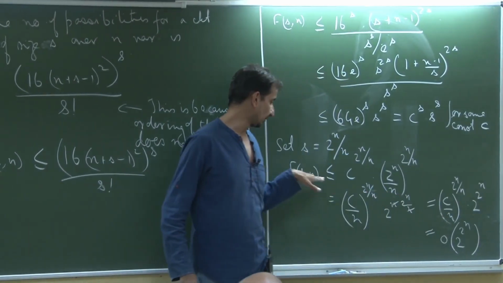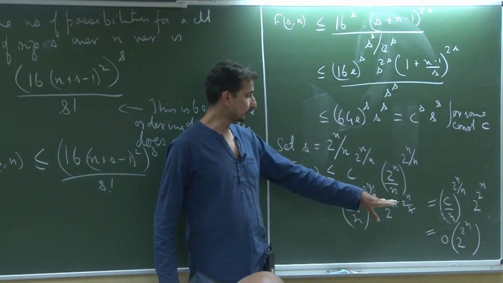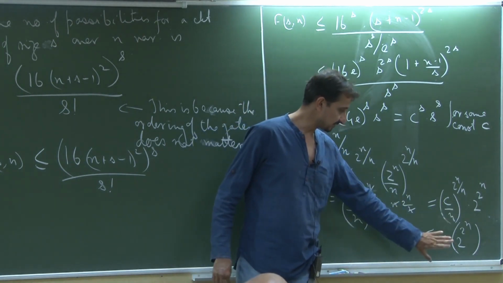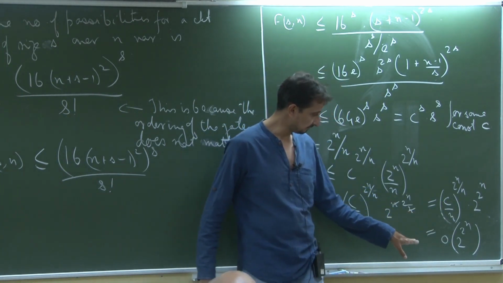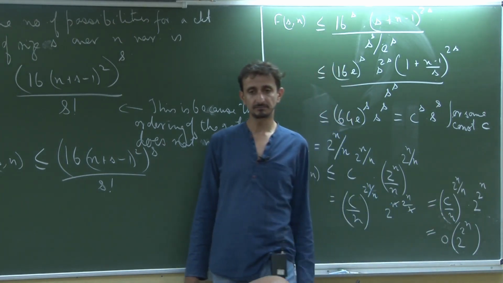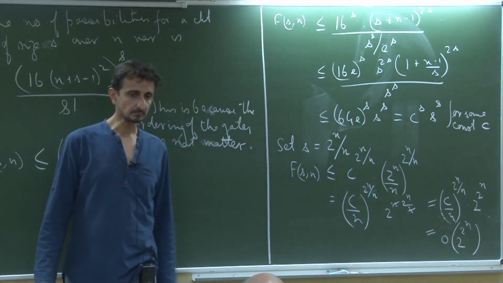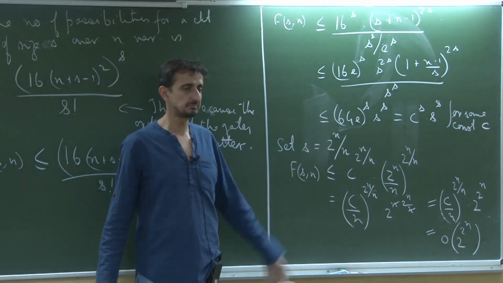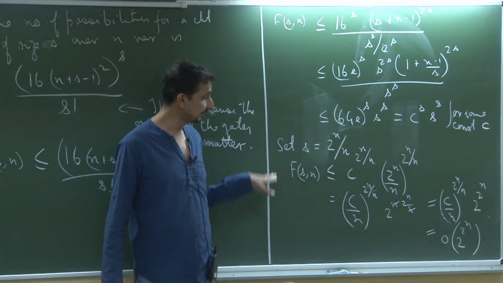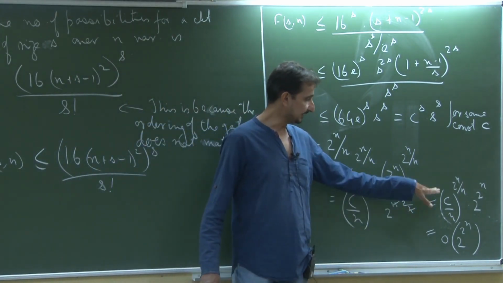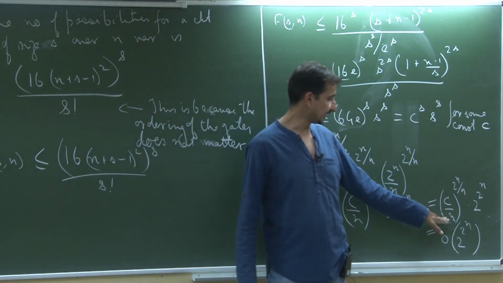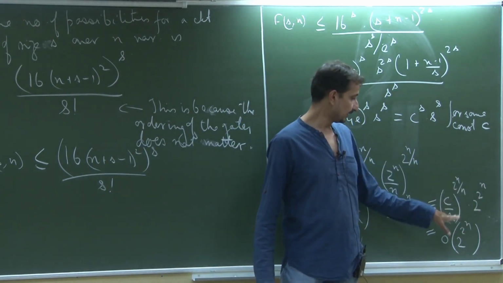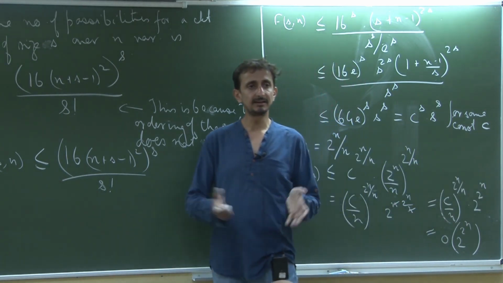You can put anything for s, but I want to put a quantity that would simplify and give me an asymptotic quantity like this, where it is 2 to the power n multiplied with some quantity that tends to 0.